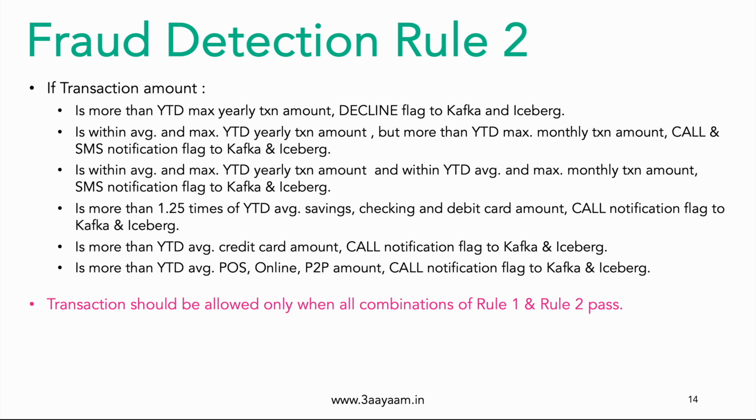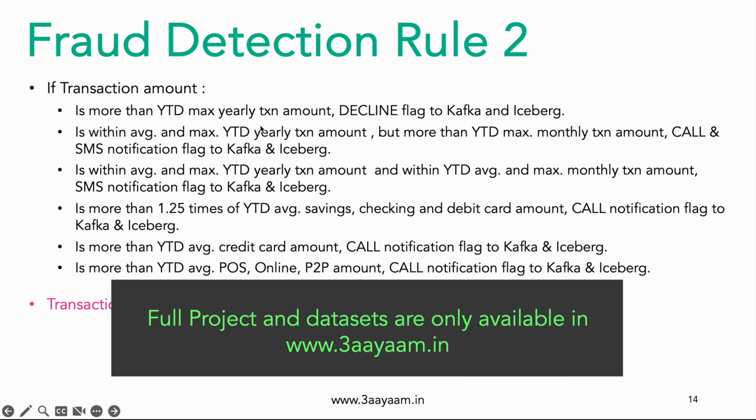And in this rule you'll have to refer to the last year aggregation table that we have created. And it says that if the transaction amount is more than YTD max yearly transaction amount, then you'll have to use decline flag. If it is within average and maximum of YTD yearly transaction amount, but more than YTD max monthly transaction amount, then call and SMS notification has to be sent to Kafka and Iceberg.